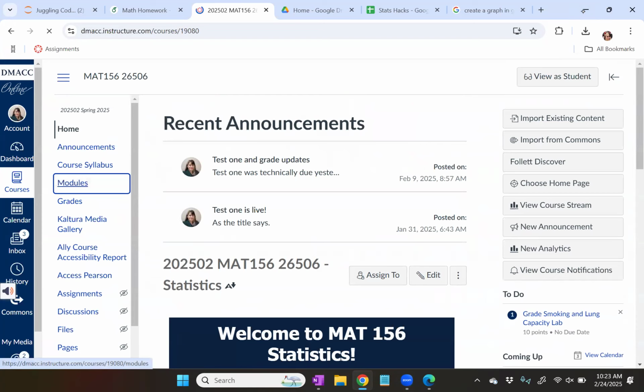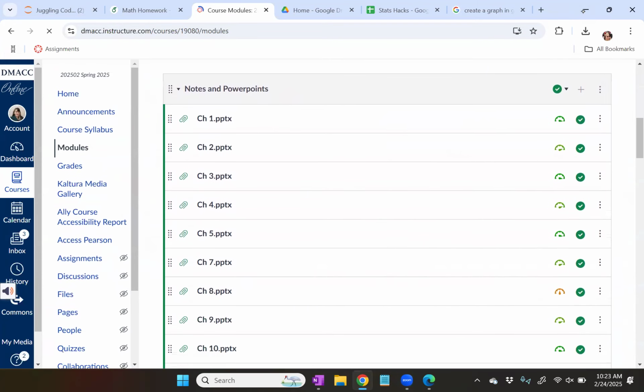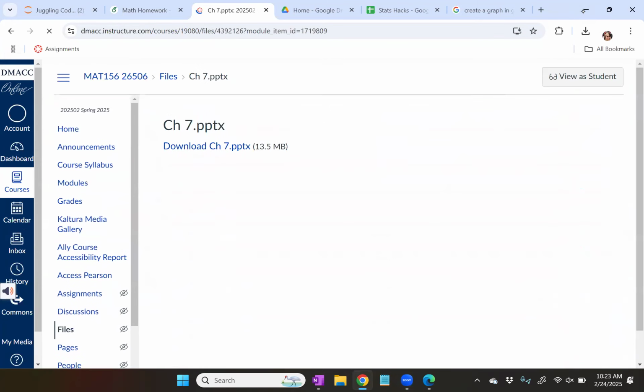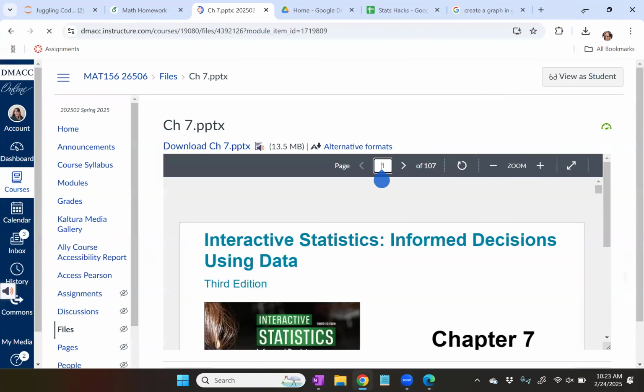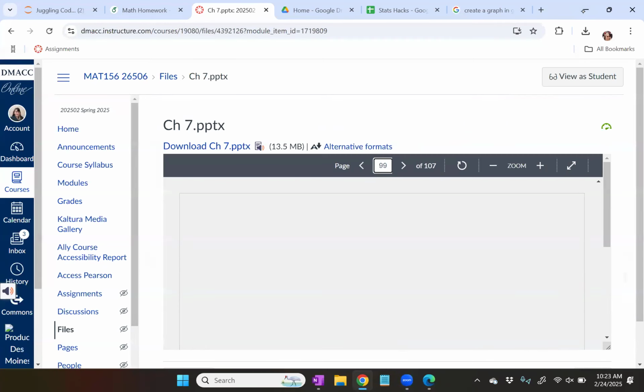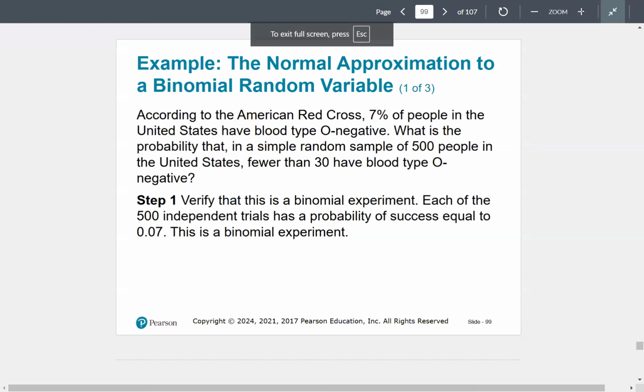Modules. Uh, 7. Whoops. Okay. Hopefully you can see that.